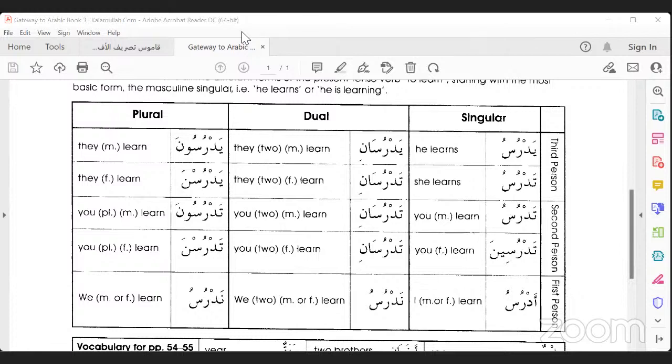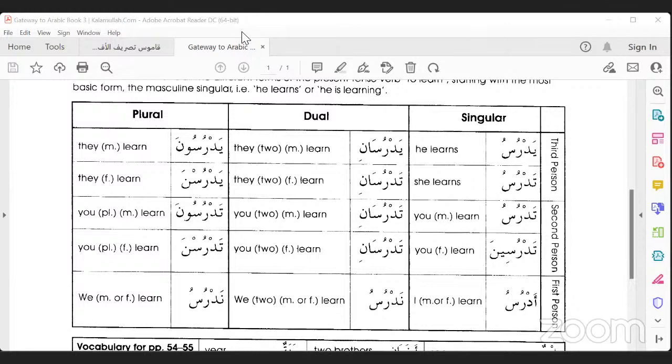Bismillahirrahmanirrahim. Yadrusu, he learns. Yadrusani, they two male learn. Yadrusuna, they all learn. It's a plural. Tadrusu, she learns. Tadrusani, they two female learn. Yadrusna, they all female learn. Tadrusu, you male learn. Tadrusani, you two male learn.